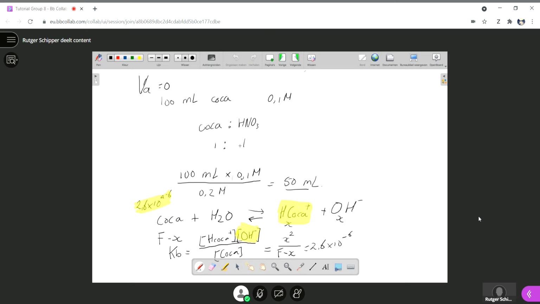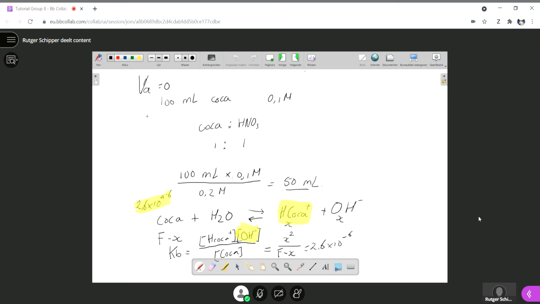So did anyone already calculate the pH at 0 volume added? VA is an abbreviation for volume added. The pH of the solution is only due to the cocaine.